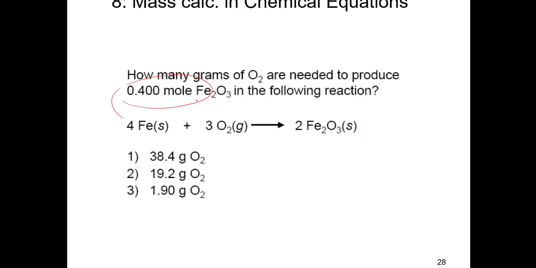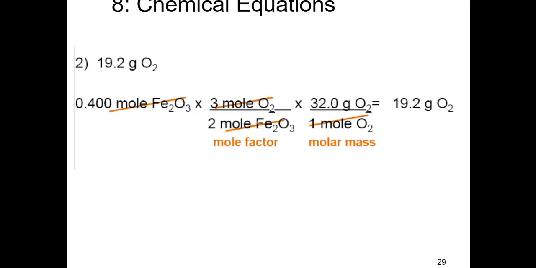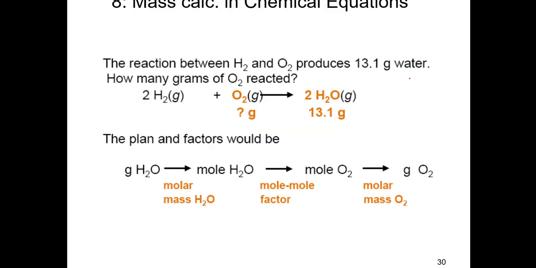So you have to go from moles of your iron oxide into moles of your oxygen. So you need an equality between these two, and then you'll convert from moles to grams. So here's the setup. Starting value is 3 sig figs, infinite for the mole ratio, and then 3 sig figs for this molar mass, so your final answer should be rounded to 3 sig figs.